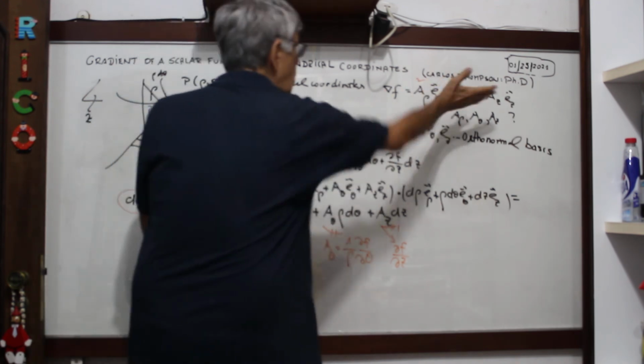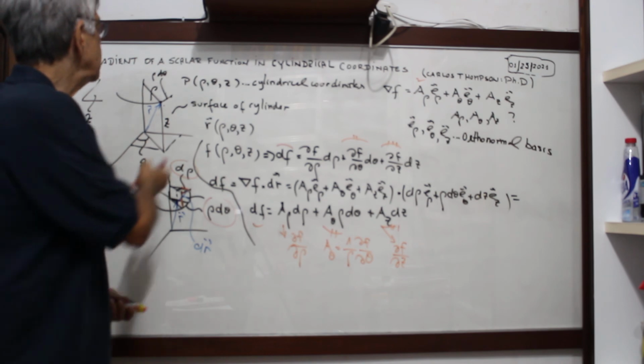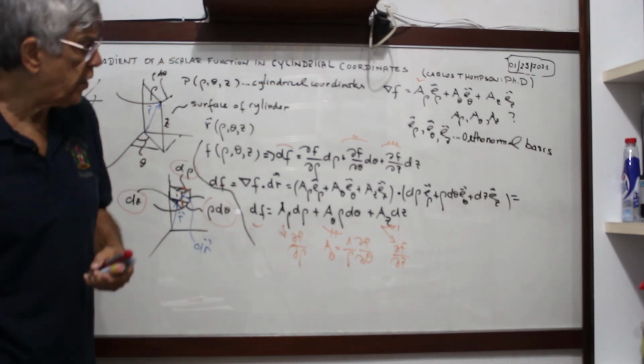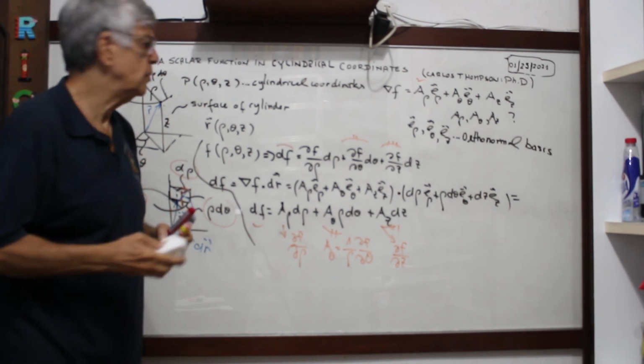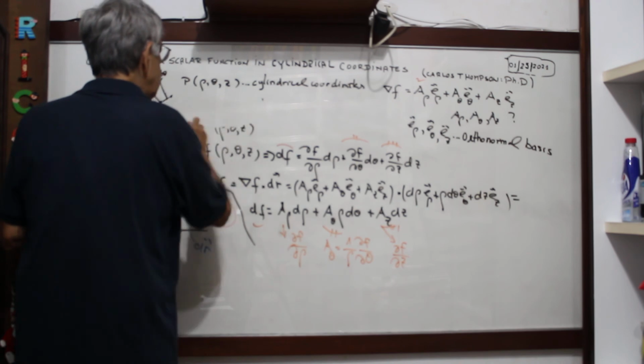So now I'm ready to write the gradient of the scalar function in cylindrical coordinates. It's very straightforward.